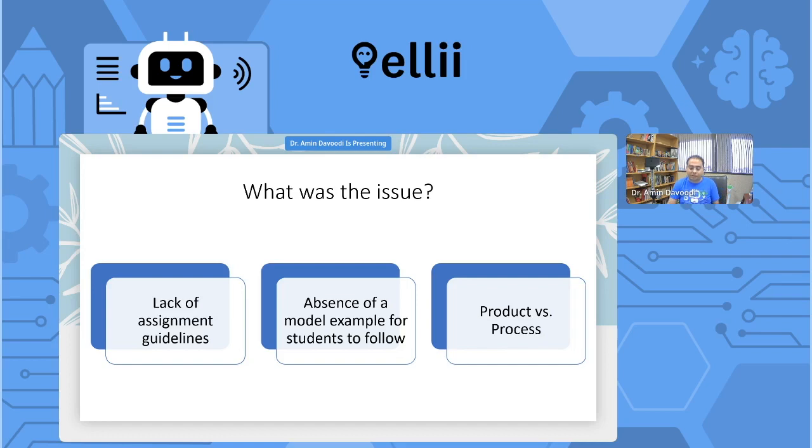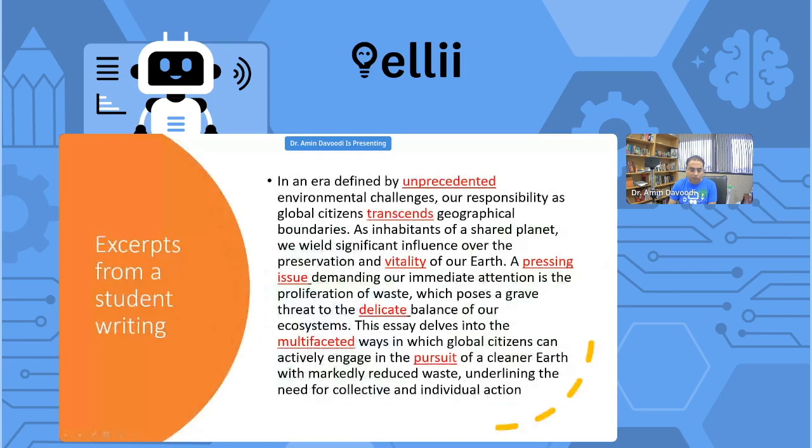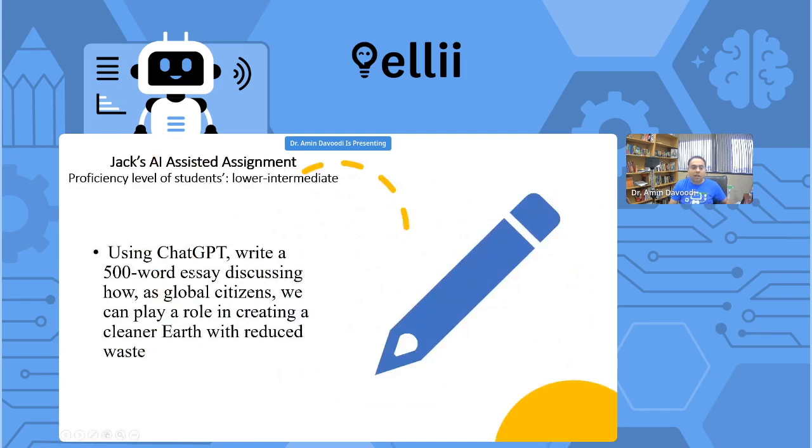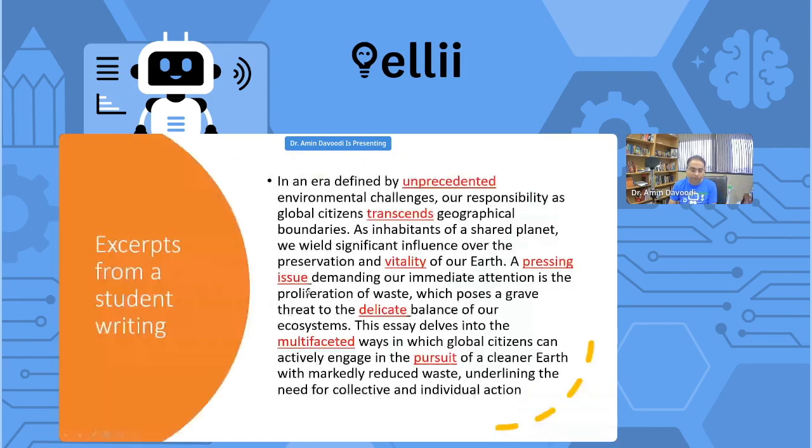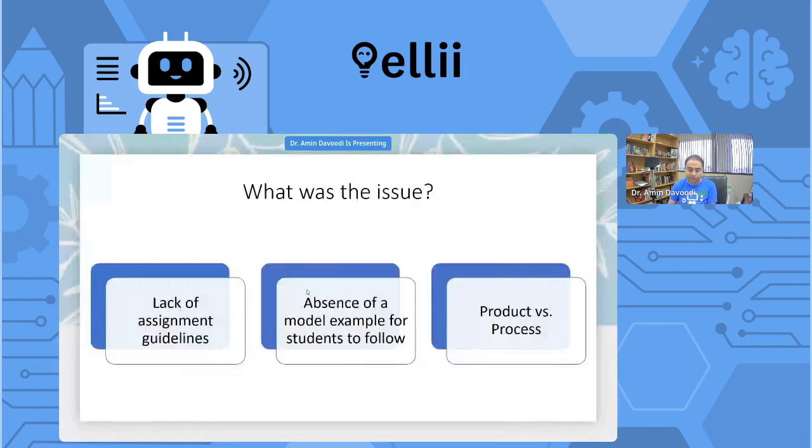So in the previous assignment, if I can go back to the assignment, here we do not see any guideline, we do not see any sample, we do not see anything about the process of writing. Everything focuses on the product. And that's why the final outcome probably doesn't have anything from the student himself or herself.